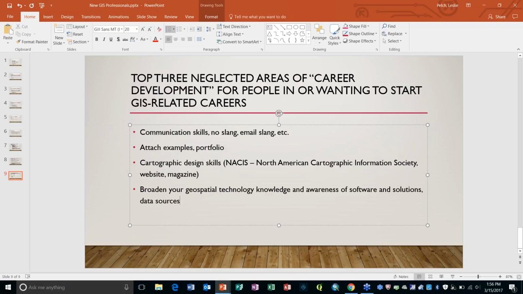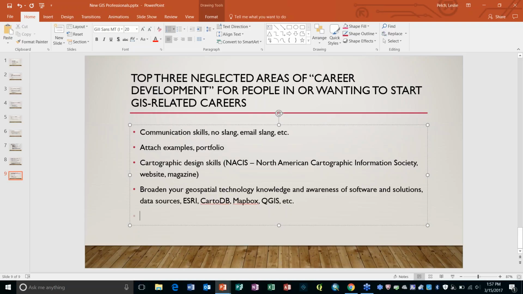You don't have to be an expert at them, but if you research them a little bit, that can be useful, because there are so many solutions out there. Employers are looking to see how much you know, and how much you can give them a sense of variety.